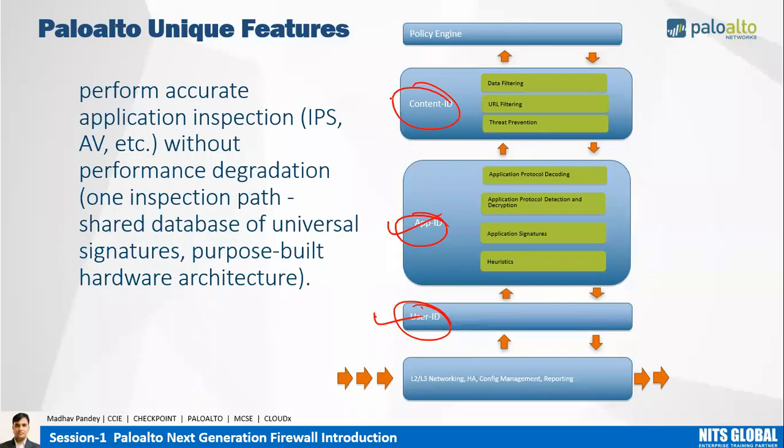Now, the third one is Content-ID. As I explained here, Content-ID is based on data filtering. So what can it do in this? Data filtering means it can identify your files.